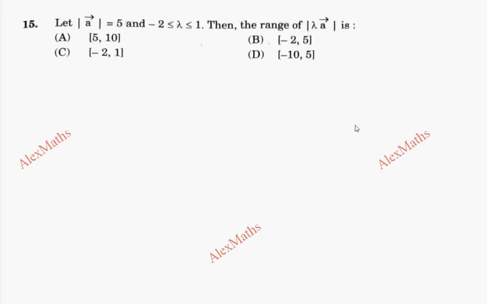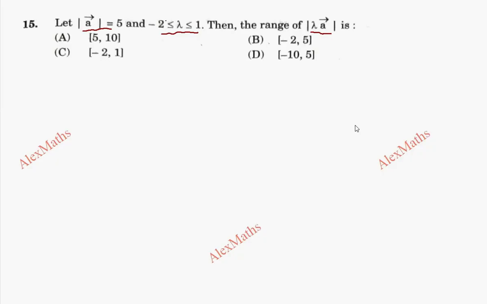Question number 15. They have given a vector magnitude which is 5 and lambda which is ranging from -2 to 1. They want the range of lambda times the vector magnitude.